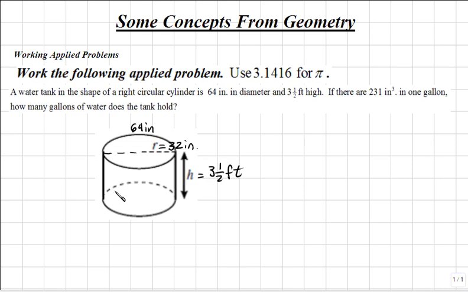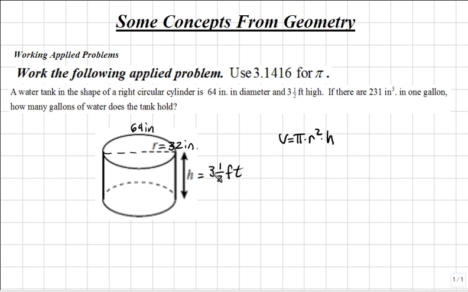To compute the volume of our cylinder, recall that the volume of a cylinder is pi times the radius squared times the height. To compute this, we should be in the same units, inches. So let's convert 3.5 feet into inches.